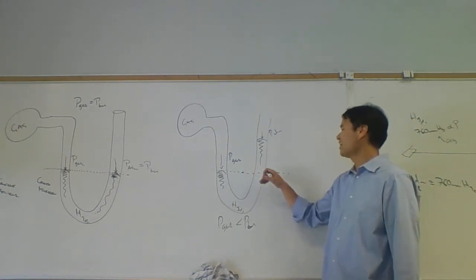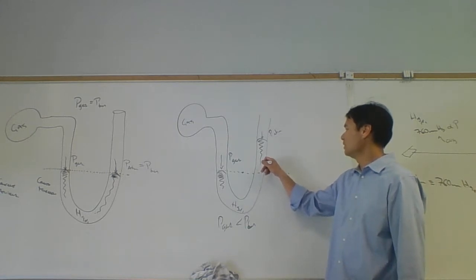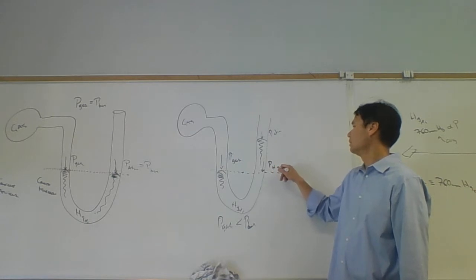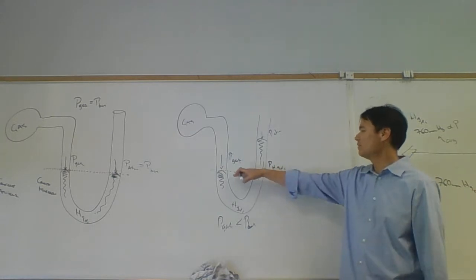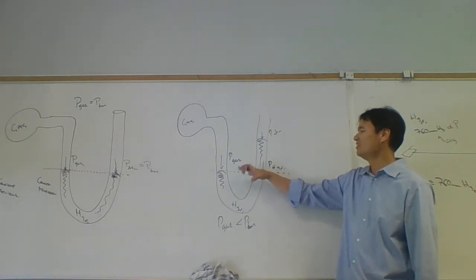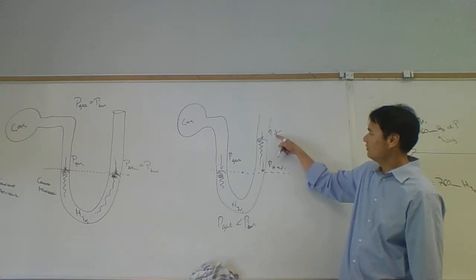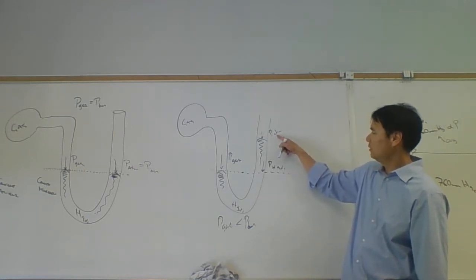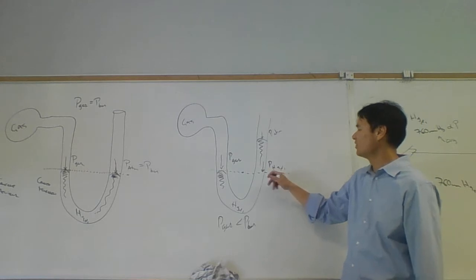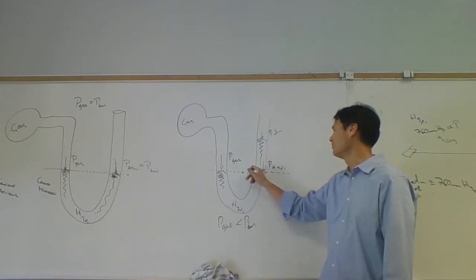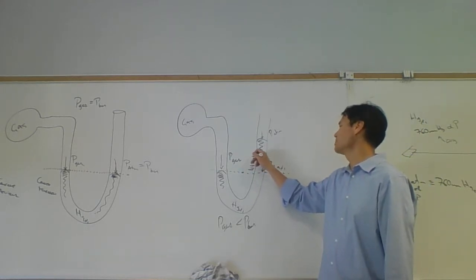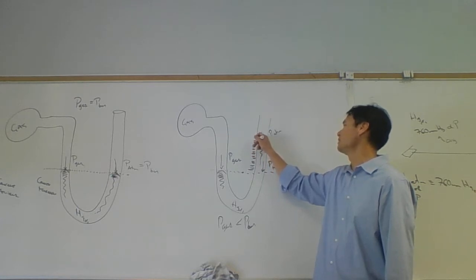But if I tack onto that the weight of the mercury here, then at this level they must weigh the same, otherwise there'd be some movement. And so if I add the weight of the atmosphere plus the weight of the mercury, then they should be equal. How do I get the weight of the mercury? I just measure how many millimeters of height it is.